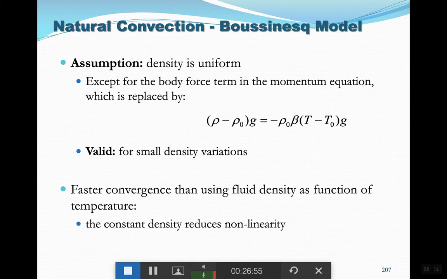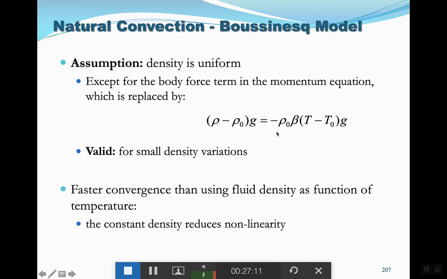So basically add a source term to your Navier-Stokes equation, which compensates for the force of natural convection. That force, that source term that you are adding, is calculated like this.